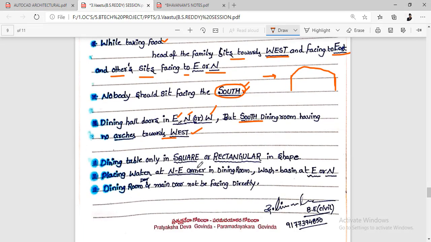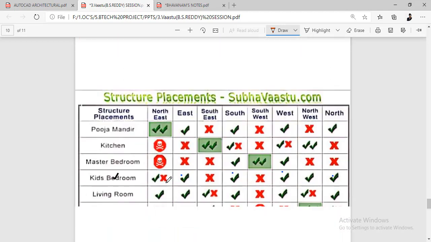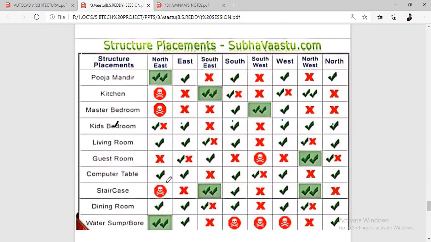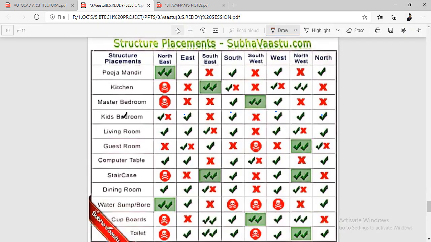Dining table will be square or rectangular in shape, and place water at the northeast corner in a dining room, wash basin at east and north, and dining room doors and main doors not facing directly. Okay, the doors and main doors will not face directly. So come to here, this is one of the charts actually. So here you can understand all the things.